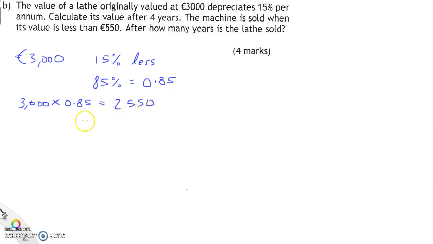And then to get it at the end of year 2, we'd have 2,550 multiplied by 0.85 because the depreciation is steady, it's per annum. So at the end of the next year, it'll be worth 85% of 2,550. And that's 2,167 and 50 cents.